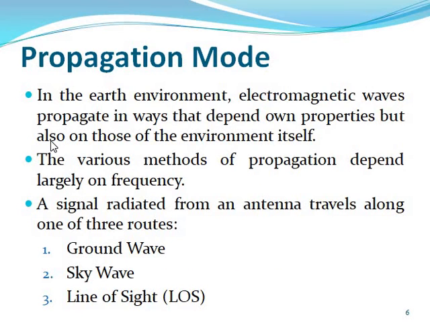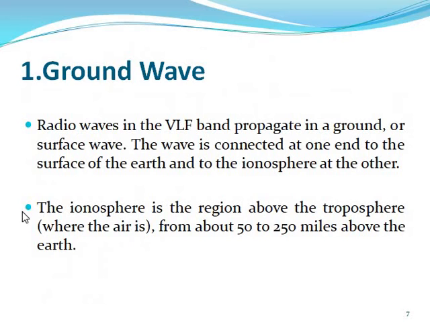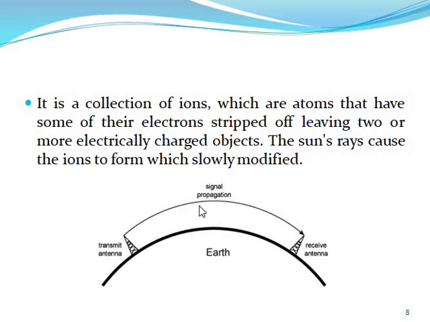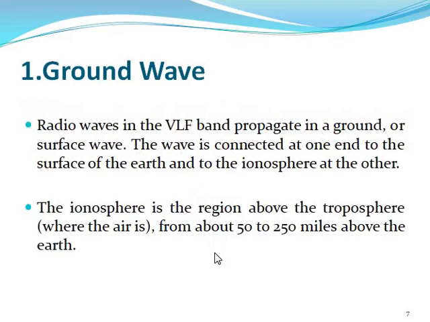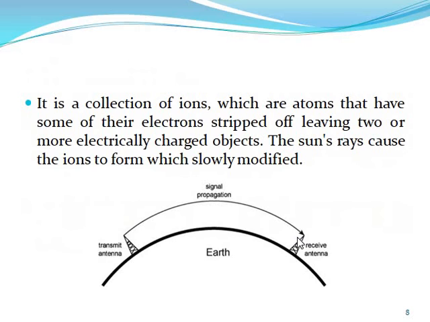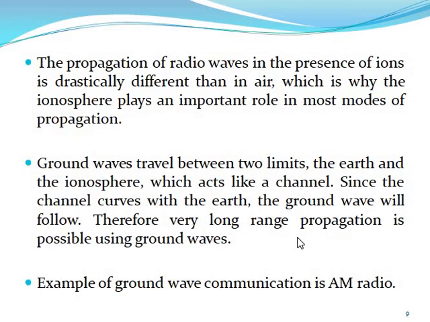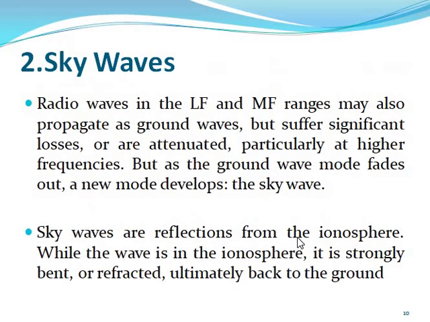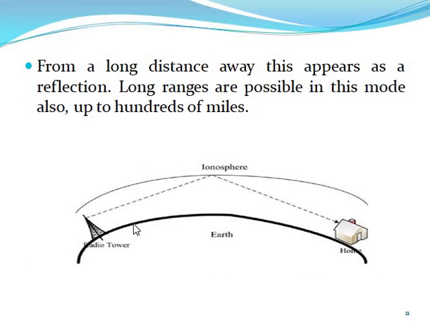And what is the propagation mode? We can show the ground wave, sky wave, and line of sight. In a ground wave, we can show that the signal travels along the ionosphere, and the signal goes to the other receiver. So one is a transmitter and another is a receiver, but the signal range is 50 to 250 miles up above the earth. We can show that the ground wave. Then next we can show the sky wave. So what is the sky wave?